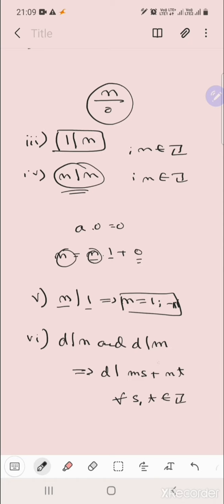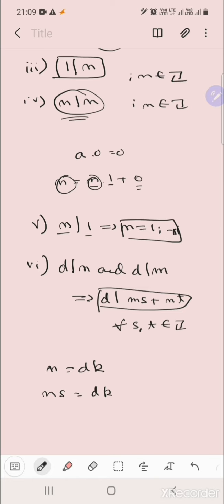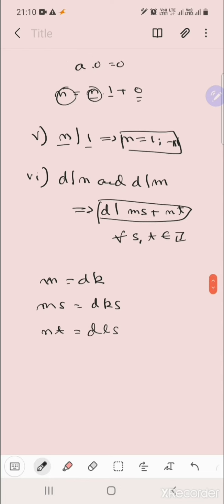The reason behind this, under modular arithmetic you will learn this particular thing, or you can tell it in this manner. d divides n means n is of the form dk, so ns will be of the form dks. Similarly, m will be of the form dl, so mt will be of the form dlt.